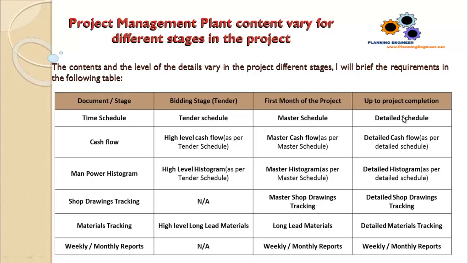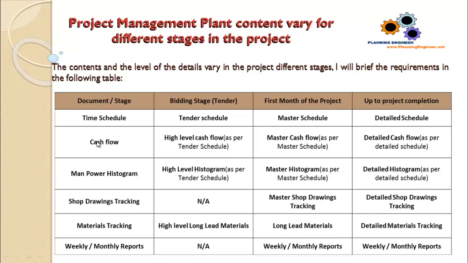Later on, when you have the full information, normally about 1 month after the project start, you should prepare the detailed schedule, which contains all the details of your planned activities divided per floor, per area, per zone according to your project size. So this is called the detailed schedule.